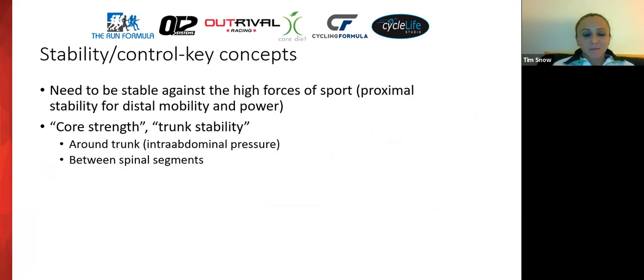So moving up a little bit, we'll move towards that stability concept. Triathletes need to be stable against the high forces of sport. So what we need to be is stable throughout our trunk, throughout our shoulders, throughout our hips, in order to produce mobility and power throughout our limbs to move us through space.